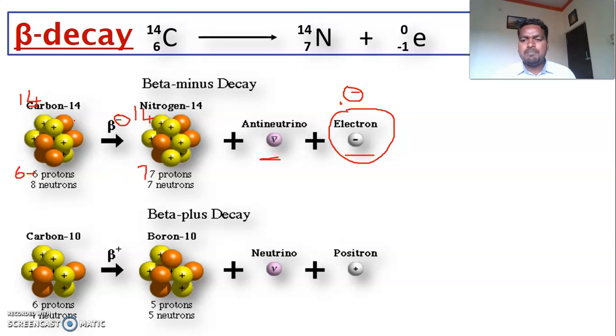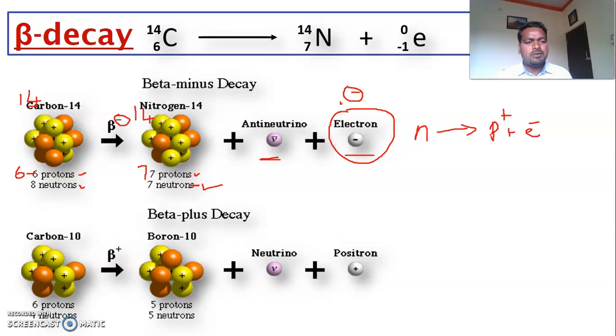It is because, just observe here, the parent nucleus has 6 protons and 8 neutrons, but the daughter nucleus has 7 protons and 7 neutrons. So the proton number is increased by 1 and the neutron number is decreased. Why? Because 1 neutron is converted into a proton, and it gives an electron and an antineutrino.